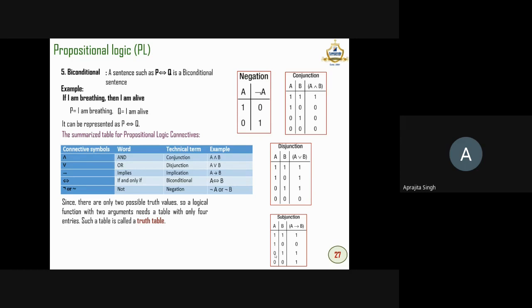When this is false, this is true. 0 1 is 1, so just remember this. 0 1 is 1, 0 0 is 1, 1 1 is 1. When this is 1 and this is 0, then it is 0, because what is happening is when A is 1, B is 0 here. So in this case only, A implies B is false or 0. Okay, we can just see how we can apply all of these.